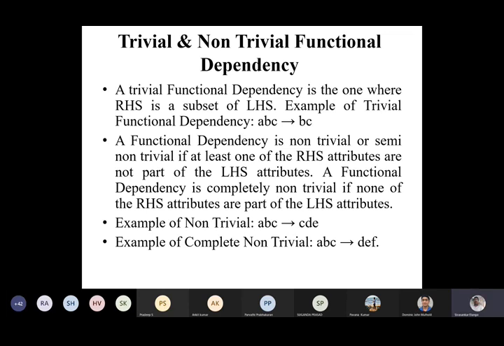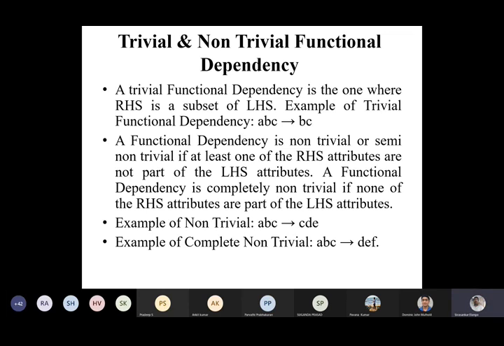So an example of trivial functional dependencies: ABC determines BC. And then we have non-trivial or semi-non-trivial functional dependency, where at least one of the right hand side attributes is not part of the left hand side, right? So semi non-trivial functional dependency means at least one or a few of the right hand side attributes are not part of the left hand side.